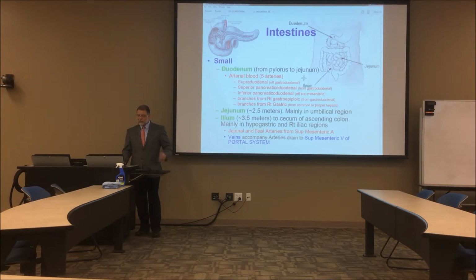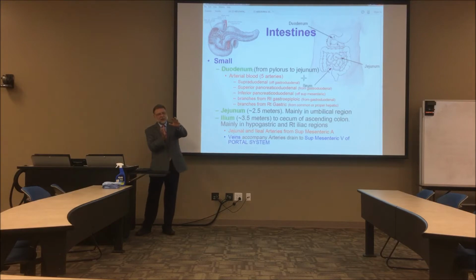The duodenum receives blood supply from many arteries, and you can understand why, because it comes from the stomach, goes around the pancreas, and receives those important ducts coming from the liver, the gallbladder, and the pancreas, and it's the center of everything.